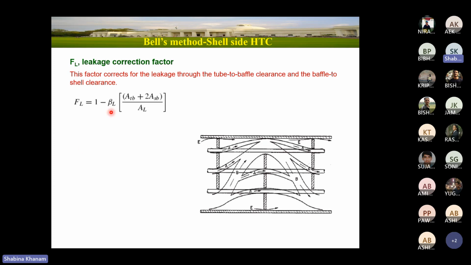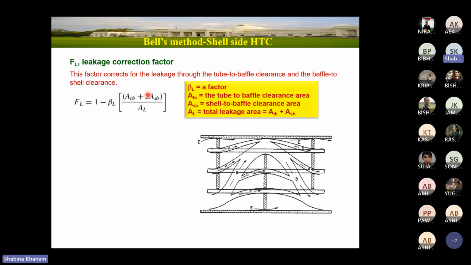Correction factor is FL, which depends on this beta L, which is the factor, and ATB, and it will depend on ASB and AL. Beta L is the factor, ATB is the tube to baffle clearance area, ASB is the shell to baffle clearance area.